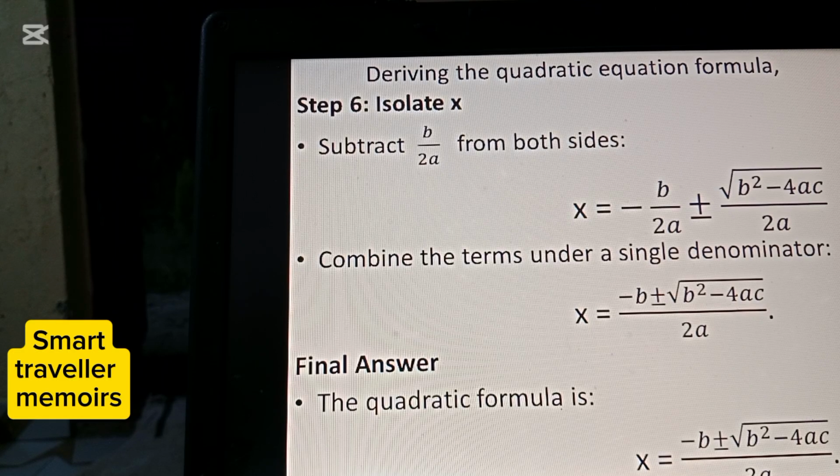And that one ends our derivation of the quadratic equation formula, and our final answer is x is equal to negative b plus or minus the square root of b squared minus 4ac over 2a.